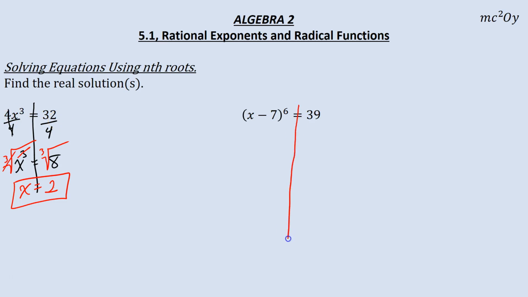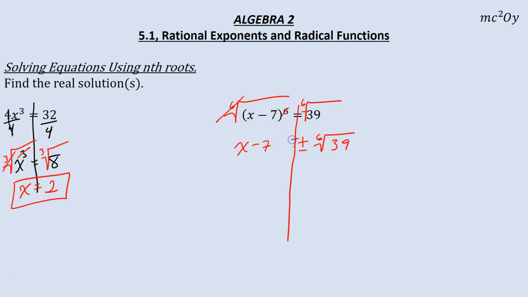The difference is when you have these even powers. So be careful with the even powers, because the first step is to take the 6th root in this problem. And remember, when you take an even root, you're left with x minus 7 on this side, but over here you have a plus or minus 6th root of 39.